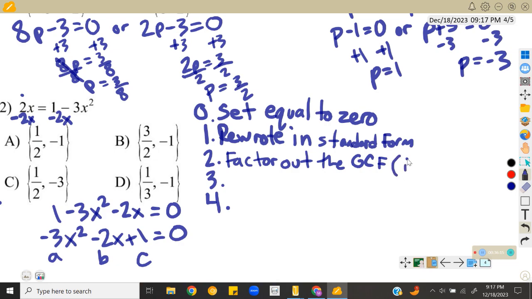The only problem is that sometimes it might not be easy for you to tell whether or not it's possible. That comes with the territory. Factor out the greatest common factor. Obviously 3 is 3 times 1, 2 is 2 times 1, 1 is 1 times 1. There's no common factor here. Sometimes you might have to investigate the numbers a little, try to divide them and figure it out, but it's not always possible.